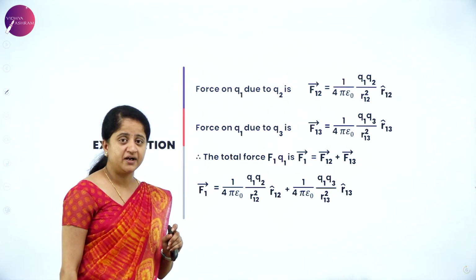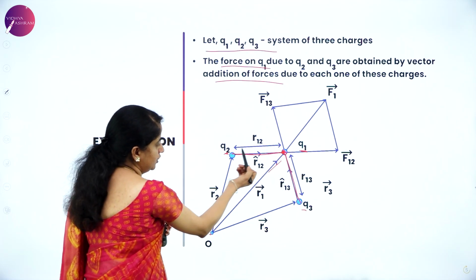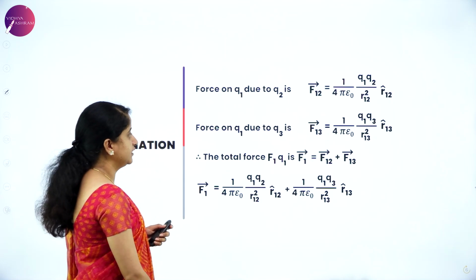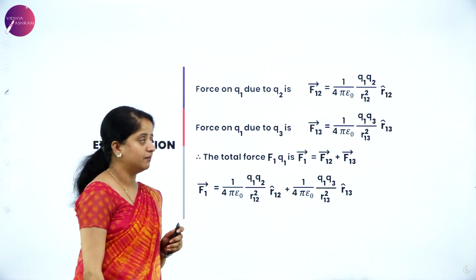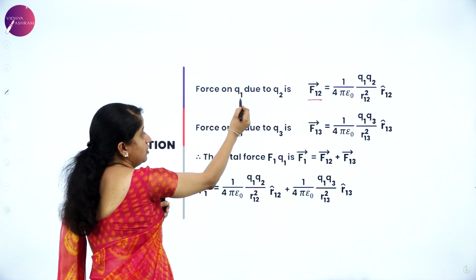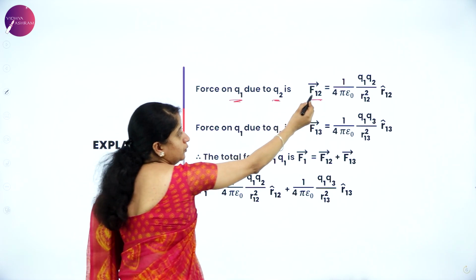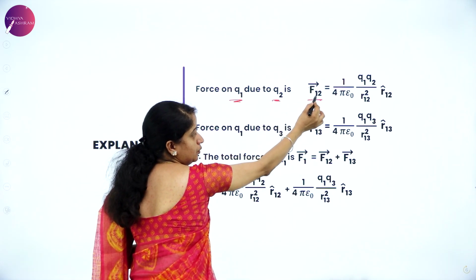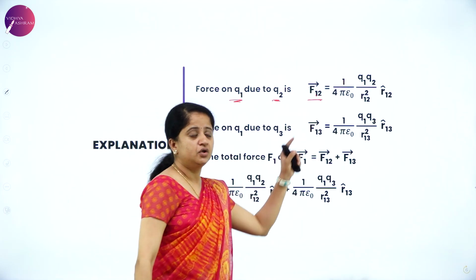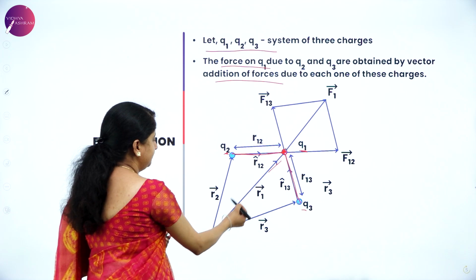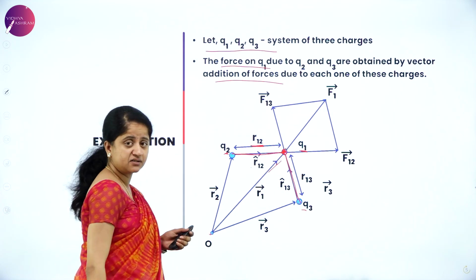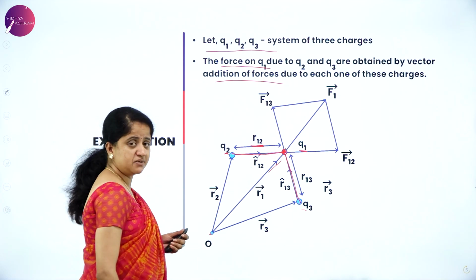Now let us find the force on Q1 due to Q2, and the force on Q1 due to Q3. For that we need to apply Coulomb's law. F12 suggests, what is the meaning of F12? The force on Q1 due to Q2, which is equal to 1 by 4 pi epsilon naught Q1 Q2 divided by R12 squared, into R12 cap. Here R12 is the distance of separation between them, and R12 cap is a unit vector.